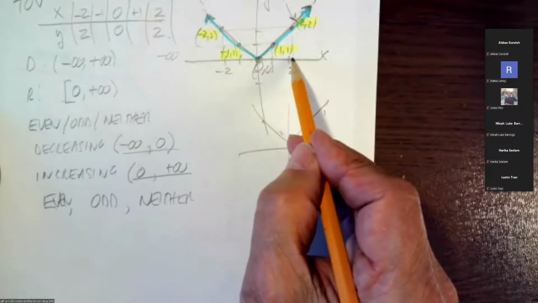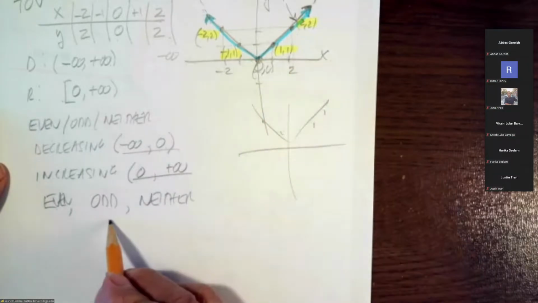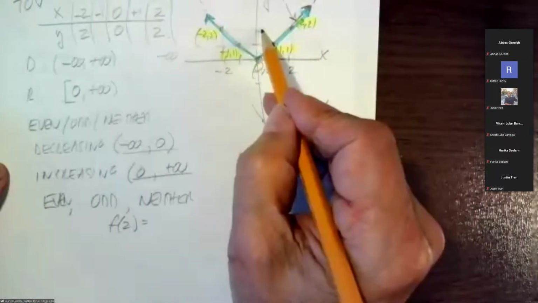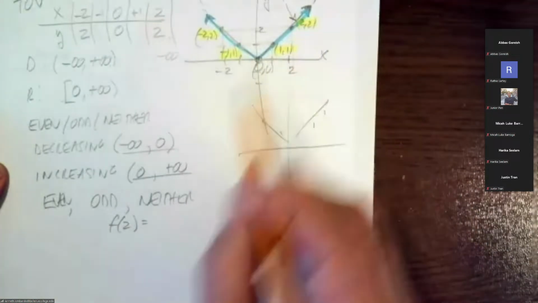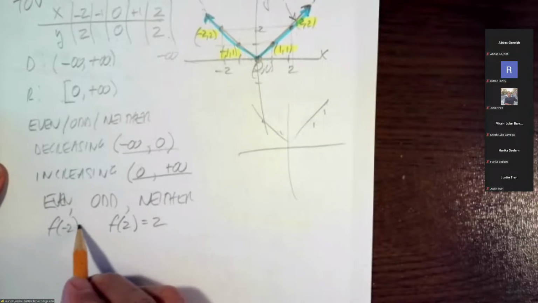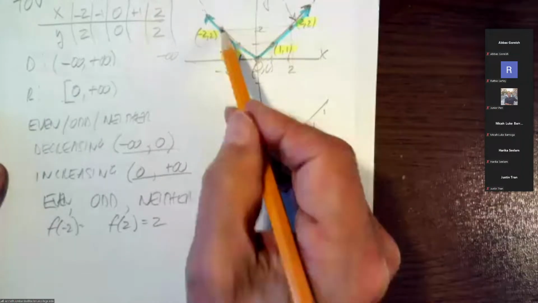Well, we can pick a point out here, can't we? Say f evaluated at 2. So f evaluated at 2 is 2. And then we evaluate f at negative 2. And what do we see here? f at negative 2 is still 2.